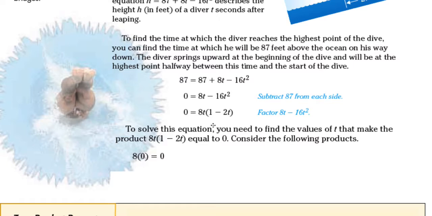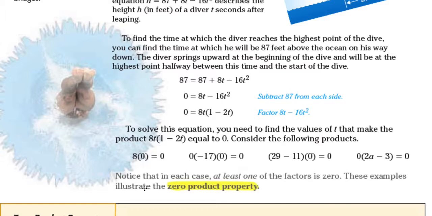If we multiply 0 times negative 17, we still end up with 0. 29 minus 11 times 0 is still 0, and 0 times the quantity 2a minus 3 is still 0. Notice that in each case, at least one of the factors is 0.